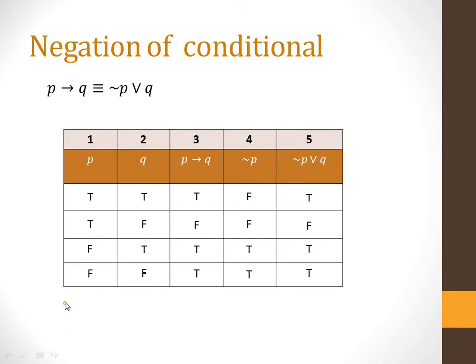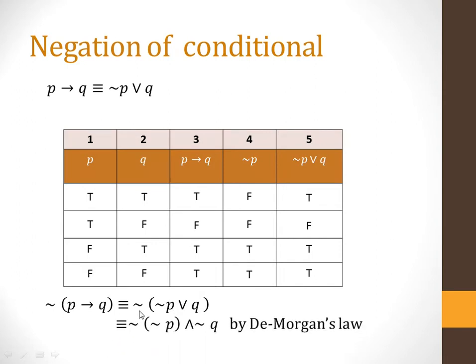While taking the negation of implication, we have to use this rule. See how we use this. We require the negation of implication, so negation of this implication is the same as negation of negation P or Q. We have to operate the negation on this bracket, so here we will use De Morgan's law, negation of disjunction. If you operate the negation here, it becomes negation of negation P and negation Q by De Morgan's law.